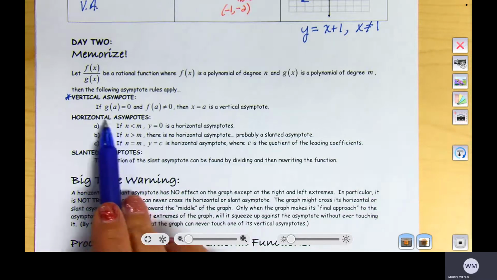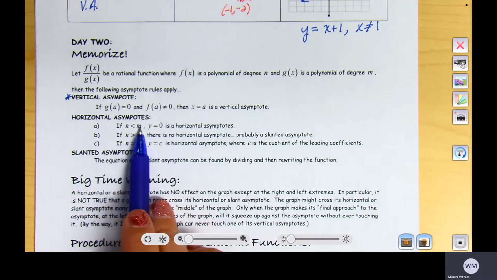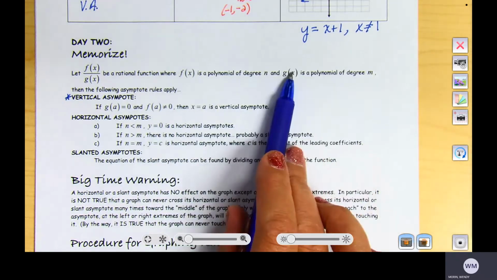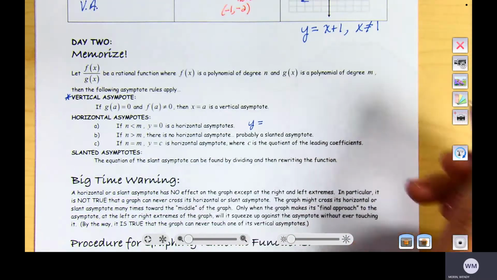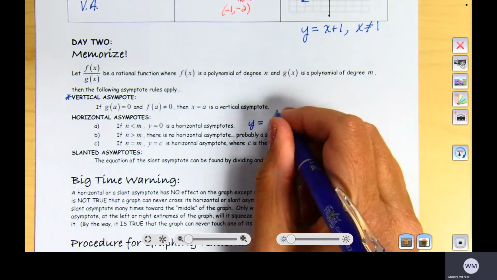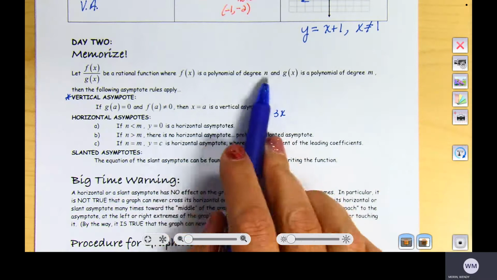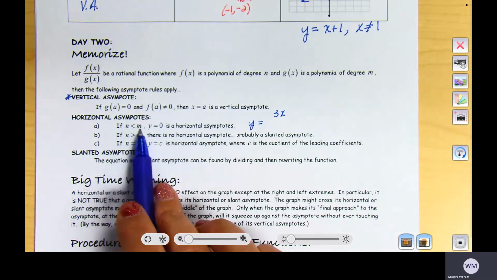Now, if your n is less than your m, well, what does that mean? Where is the n? The n is on the top and the m is on the bottom. So let's just use an example. If it is 3x, we want the degree of the numerator to be less than the degree of the denominator.